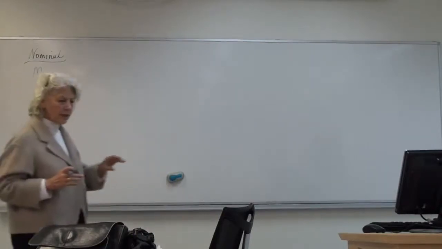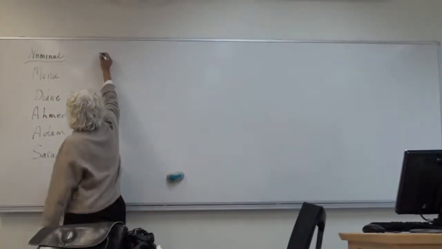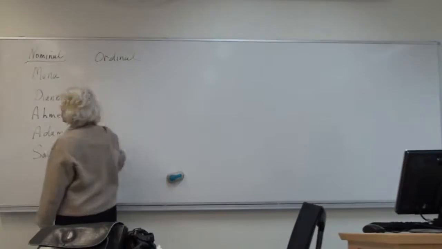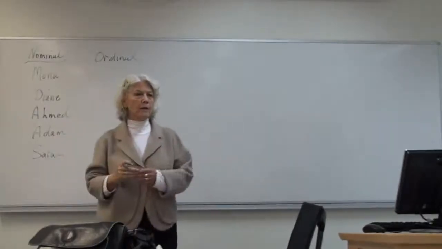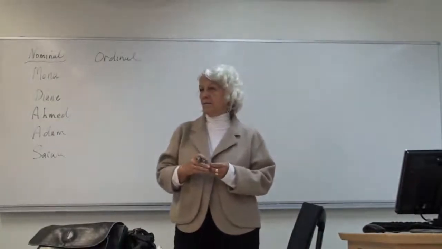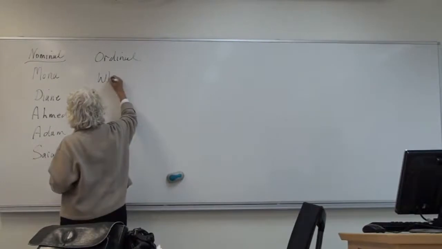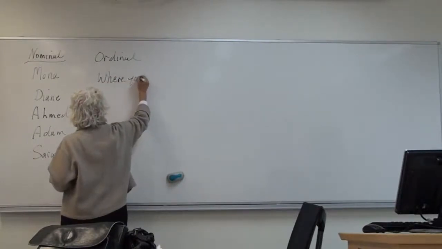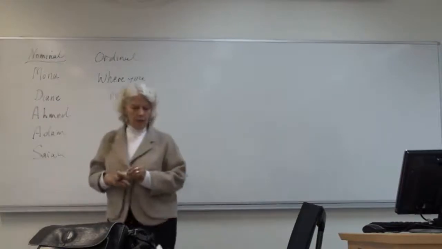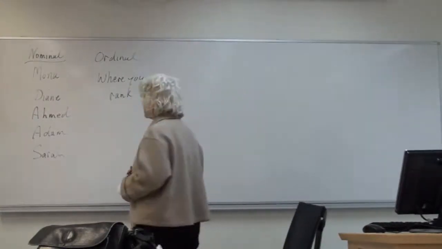And then the next level up that we have is ordinal. You can remember it by the word order. And what it means is where you rank. So let me think if I can think of somewhere. Well, I know.